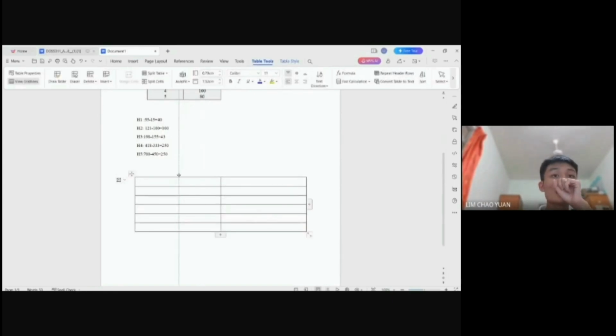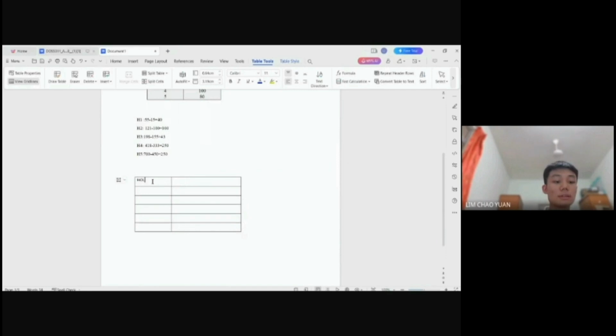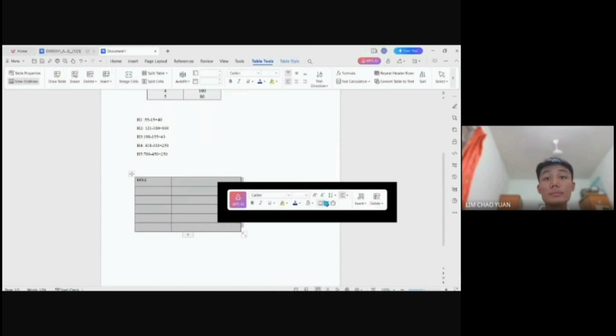For this left column, we put the hole, and on the right, we put the process.